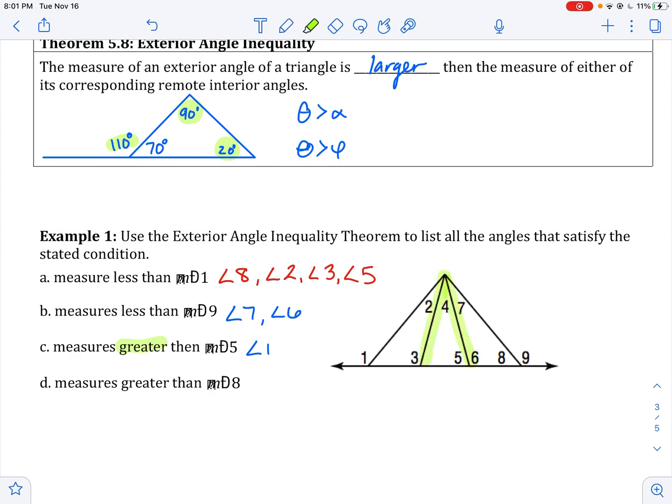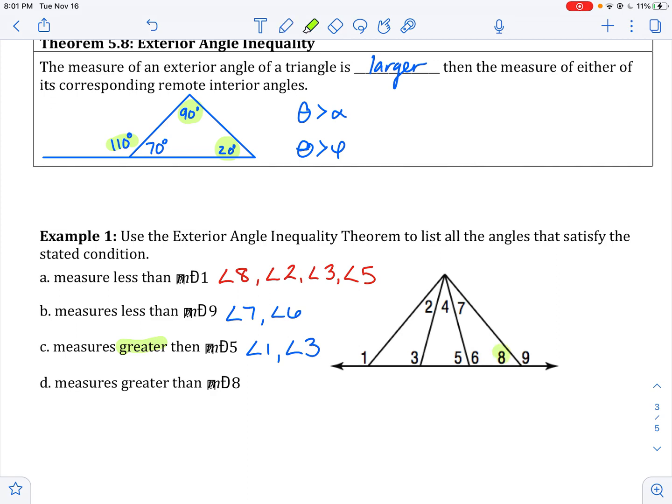There's also angle 3, which is kind of interesting. There's an exterior angle at 3. So I can say that 3 must be larger than 5. And I'm not sure I can say any other angles for sure are going to be greater than 5.